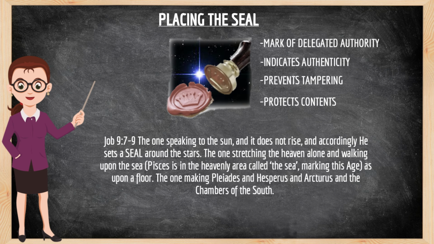The king places his seal upon an edict to make it legal and valid. The importance attached to a seal in antiquity is so essential that without one, no document was regarded as authentic.